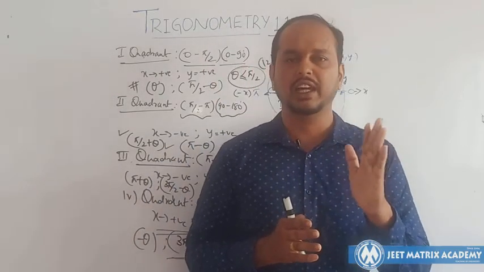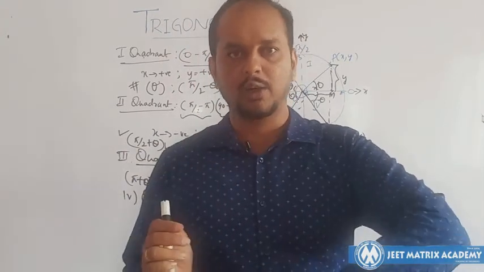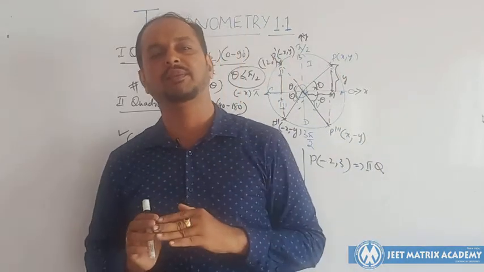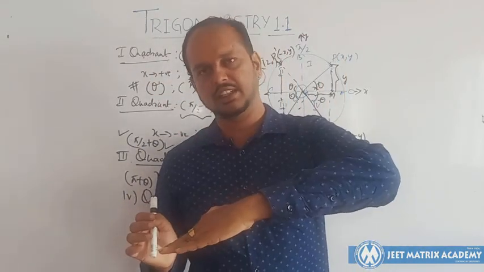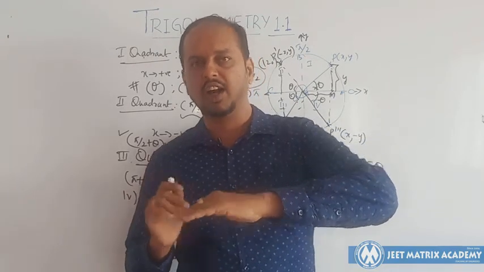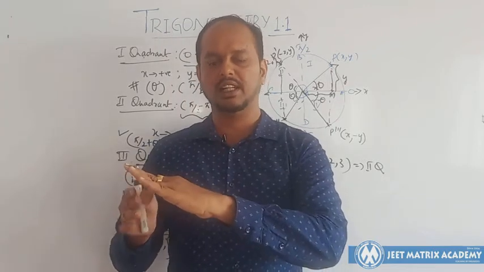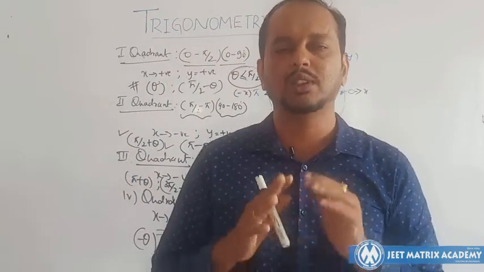Either you could say 90 plus 60, it is 150, or 180 minus 30, it is 150. So both ways you could define.